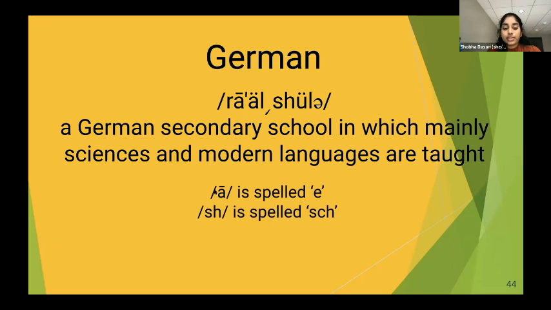So the A sound in German is spelled with an E, so for Real, that would be spelled with an E. And then the sh sound in German is usually spelled with an SCH. That's why you get the spelling of Real, REAL, Schule, SCHULE. Also, German words will sometimes have roots as well, and Schule is the root for school in German. It's the word for school in German.